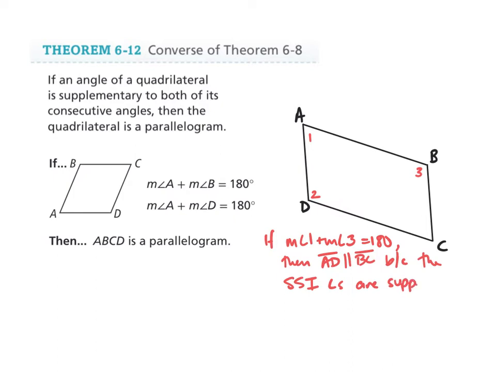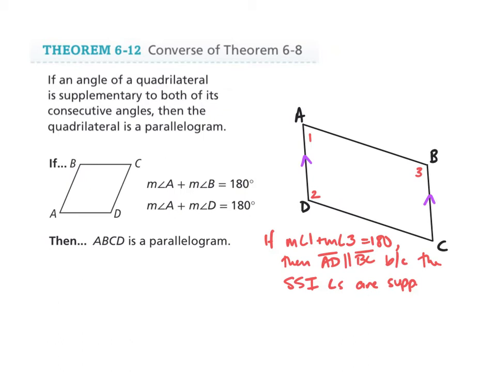We're going back to an idea that we learned a while back that says, hey, if these two angles, which are same side interiors, are supplementary, then this line and this line have to be parallel to each other. So again, we've now proven that this is parallel to this because angles 1 and 3 add up to 180.